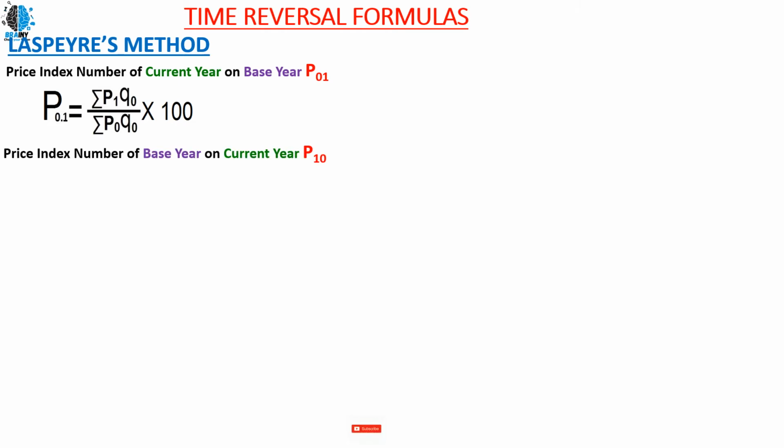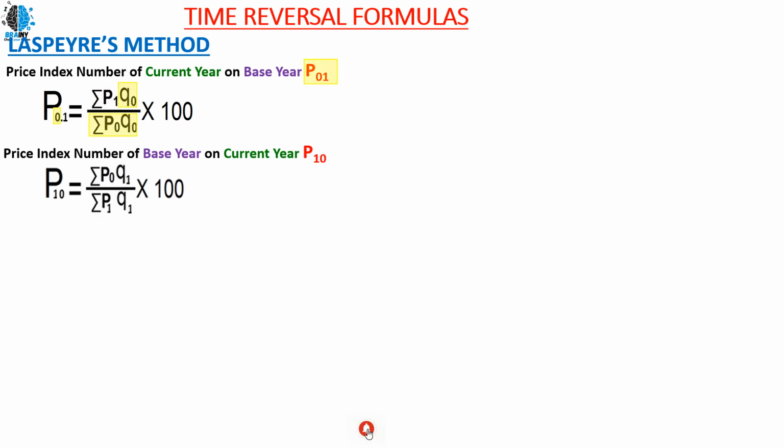Next we have the price index of base year on current year under Laspeyres. Here the time has reversed: we have 1 0 instead of 0 1. So how will the formula be? P10 is equal to summation P0 Q1 whole divided by summation P1 Q1. Here you can see the difference.